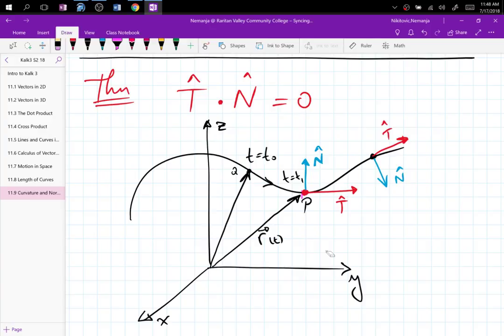Then the principal unit normal vector and curvature, and if you're interested in more of these physics formulas, you have them there to further your knowledge in application. Page 851. And that ends chapter 11.